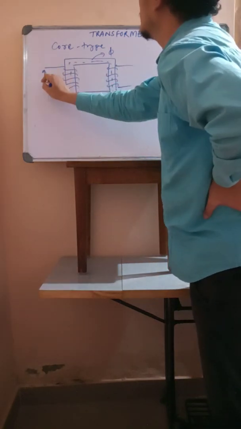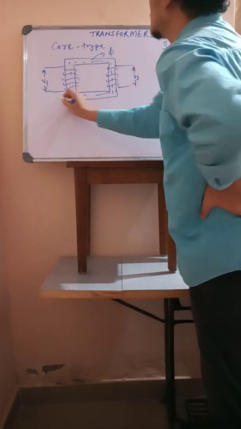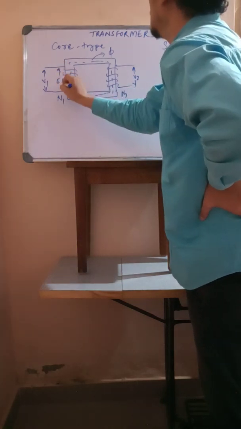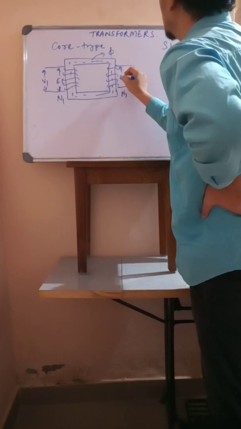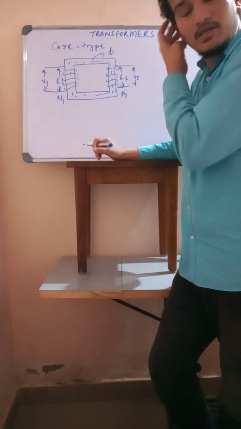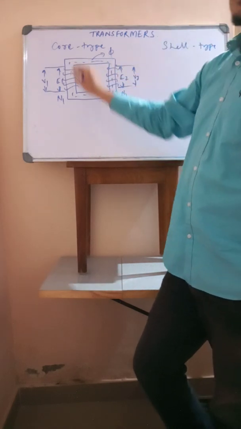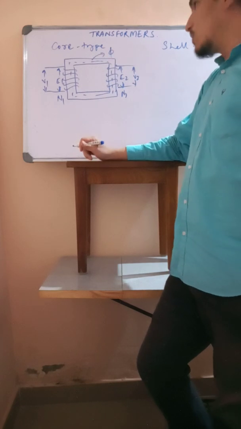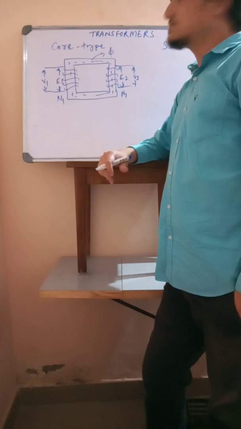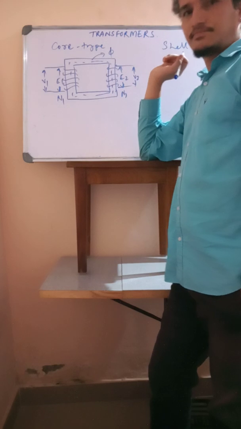So this is V1 and this is V2. This is N1, this is N2. This is the induced EMF E1 and this is the induced EMF E2. Here what you can observe is that a considerable portion of the core is surrounded by winding.